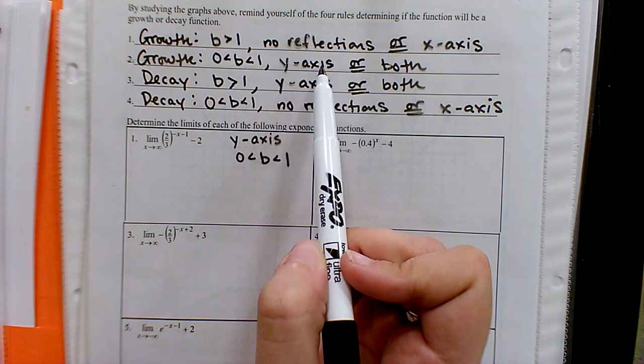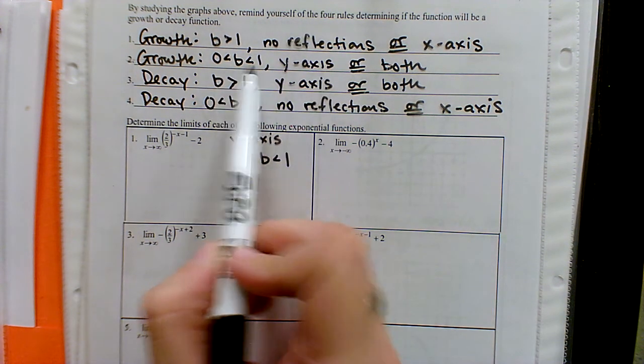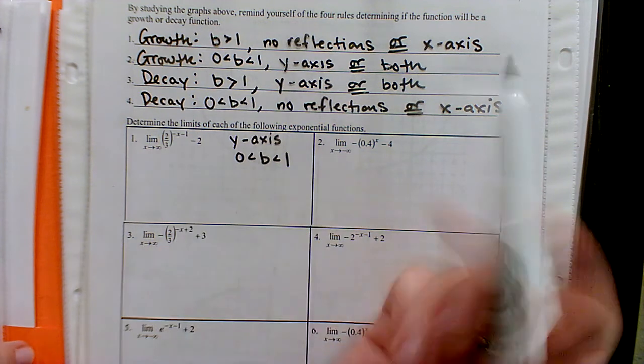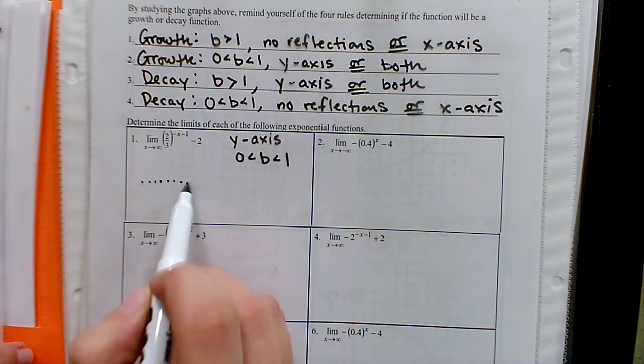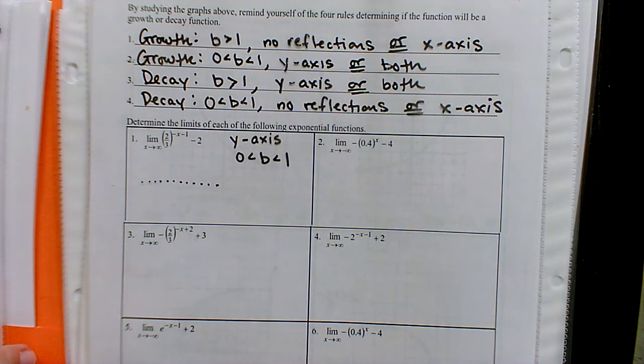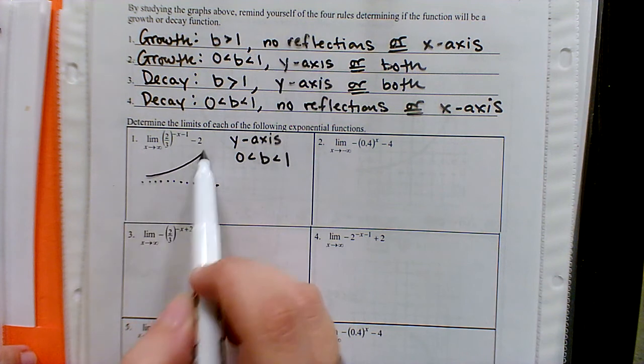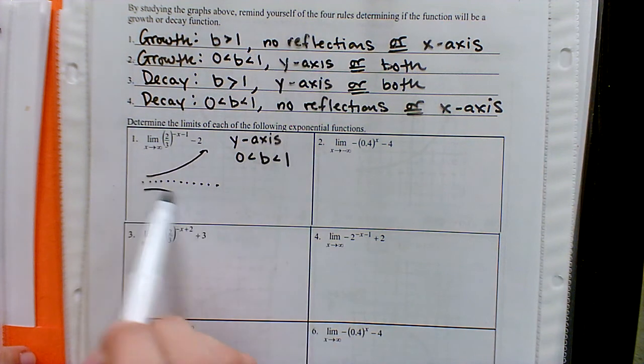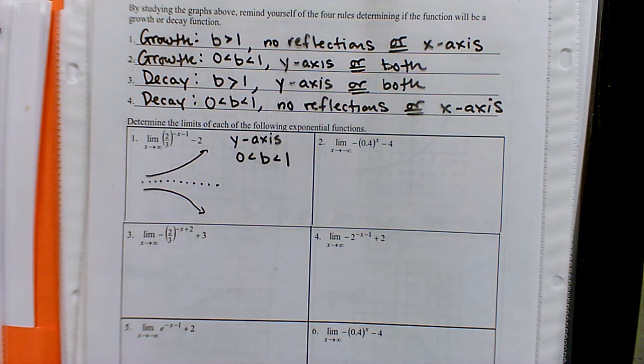Okay, notice how we have y-axis with a base between 0 and 1, so it is exponential growth. Now the question is, is it exponential growth going up or is it exponential growth going down? What do you think?